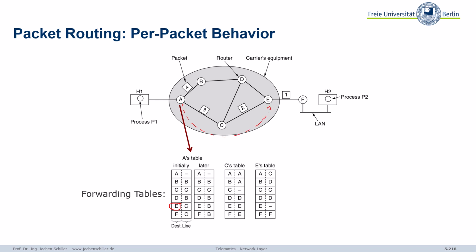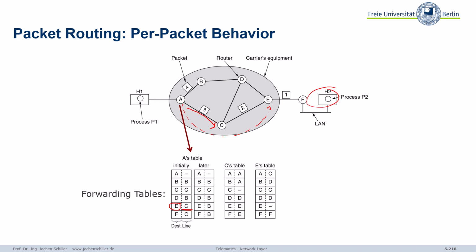So network prefixes, not the address of the end systems. So E is responsible, then we know this goes, for example, via C, and F also goes via C, etc. And that's the whole idea. So hop by hop, we decide where the packet should be forwarded.